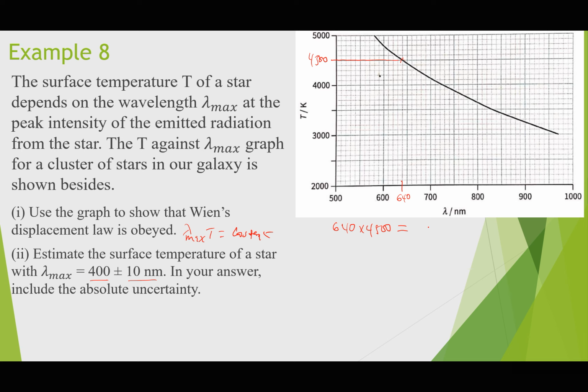So 640 times 4,500 is equal to 2.88 times 10 to the power of 6, whatever units. I don't need the units, but I will write nanometers times Kelvin. Then let me check again at another point to see if it is still the same. I will check this point here.